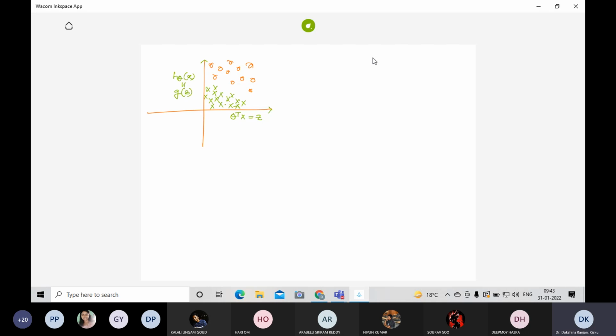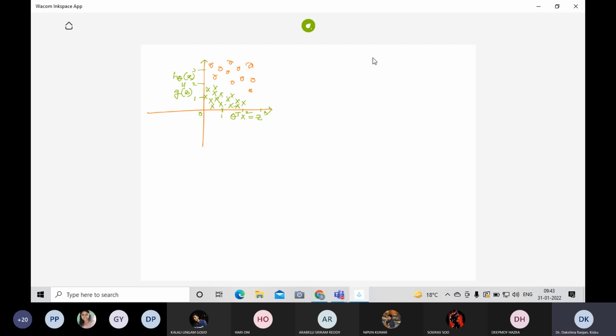This is 0, and if we divide this domain, we will see 1, 2, 3 and 1, 2, 3. Now, we want to separate one subset of data points from another subset of data points.